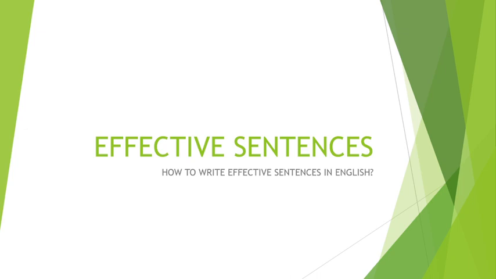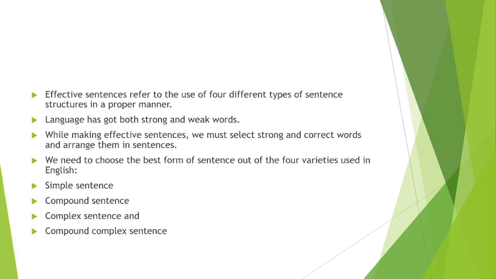So with that said, how to write effective sentences in English, that is the idea. Effective sentences refer to the use of four different types of sentence structures in a proper manner. Language has both strong and weak words.